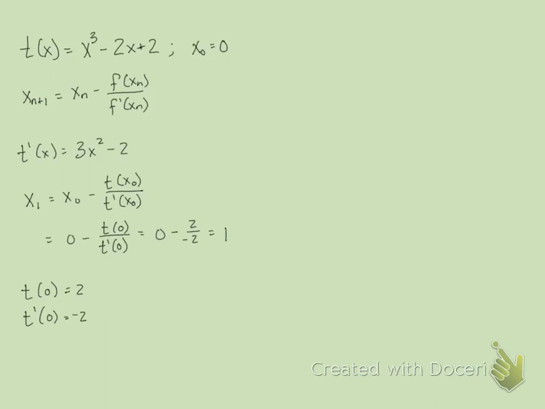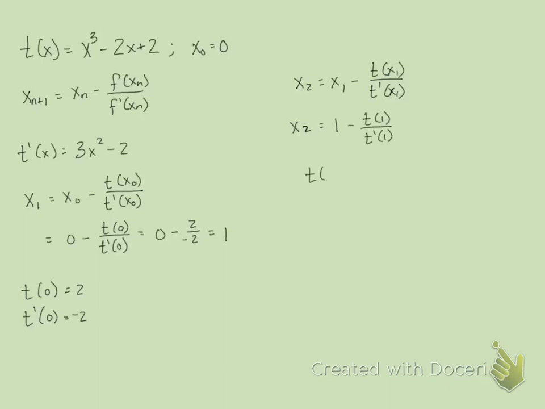So now let's find x sub 2, which will be x sub 1 minus t of x sub 1 over t prime of x sub 1. So that will be, x sub 1 was 1, so this will be 1 minus t of 1 over t prime of 1.